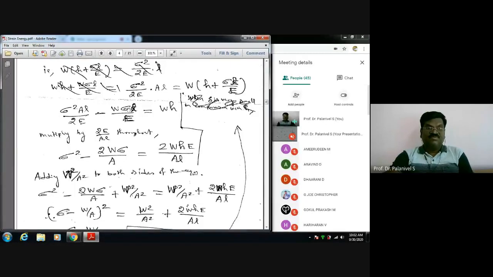Sigma appears at two places; it looks like a quadratic equation, sigma square and sigma. For that, multiply by 2E by AL throughout, so the sigma square term's coefficient is removed.